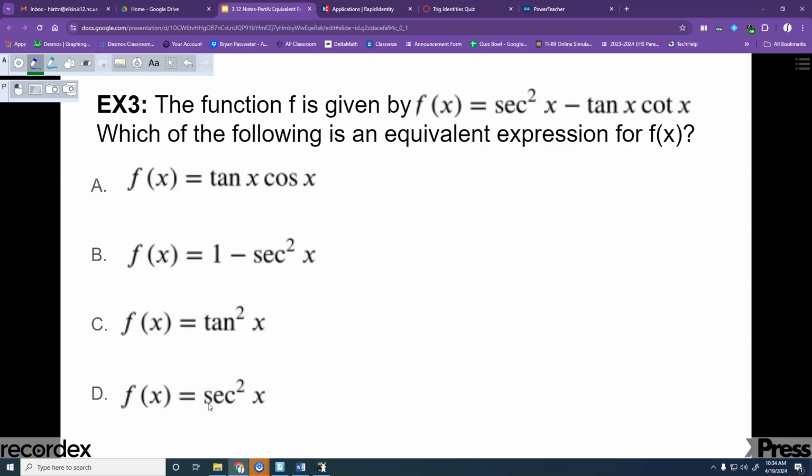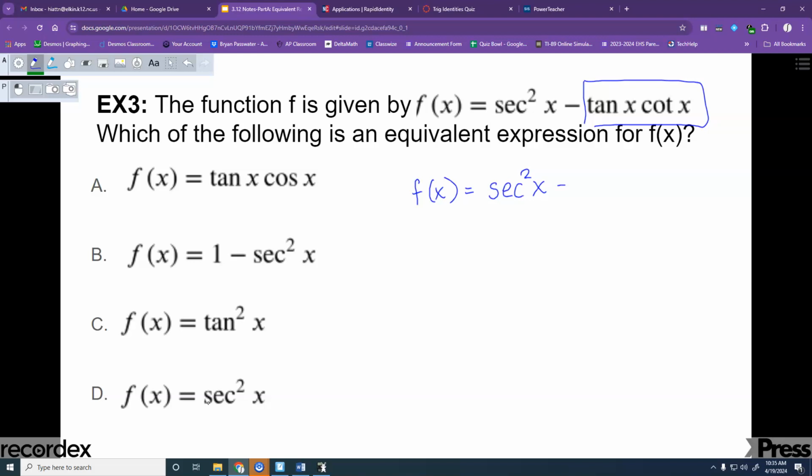I do see this over here, tangent times cotangent. And if I'm thinking about reciprocal identities, those are reciprocals of each other, right? Tangent and cotangent. Let's just leave secant squared x alone for right now because I don't know what to do with that. But cotangent, I got a couple options here.